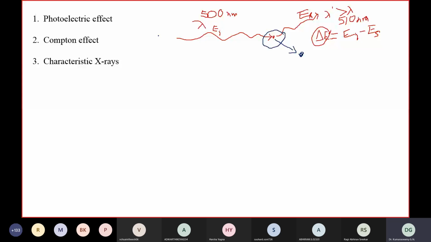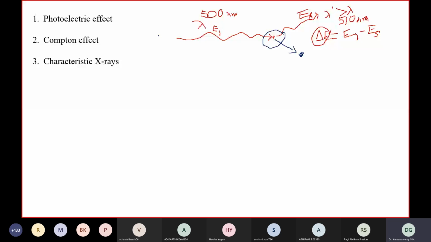Only those photons can cause the photoelectric effect, otherwise not. So here again comes the fact that light ray consists of photons of particular energy. Each of these photons has quantized energies. They are packets of energies, they are quanta of energies.